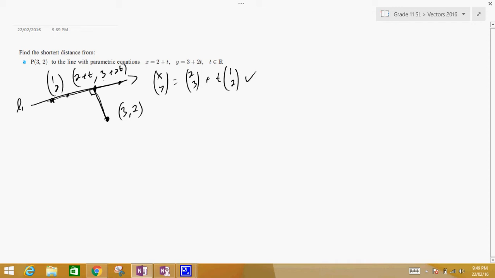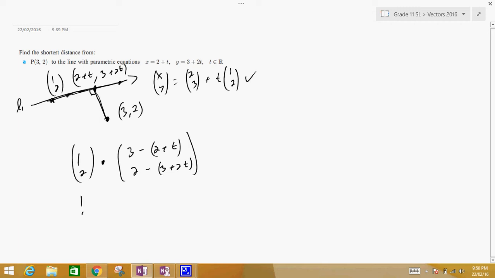So if we're trying to find the dot product of this direction and this direction, well, the direction of line 1 is (1, 2), and the direction of the other line is this point minus this point: 3 minus (2 plus t), and 2 minus the other y value, (3 plus 2t).